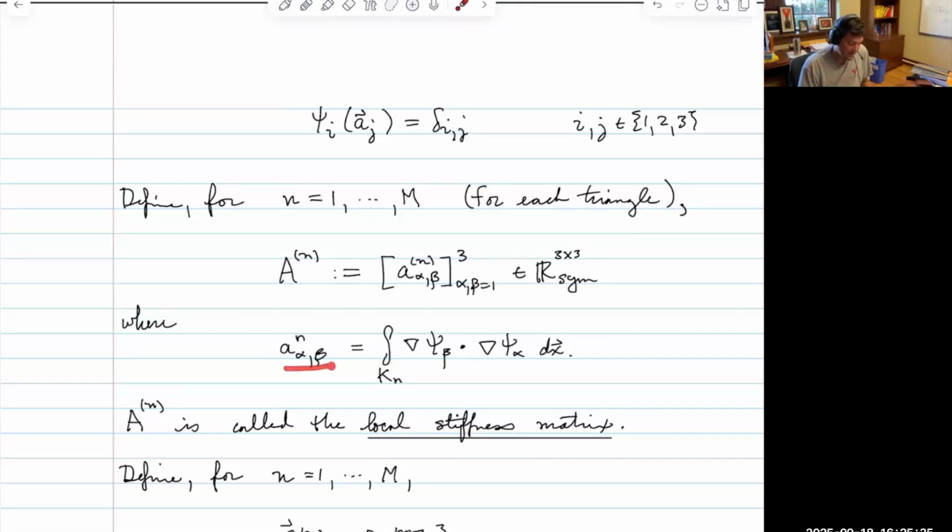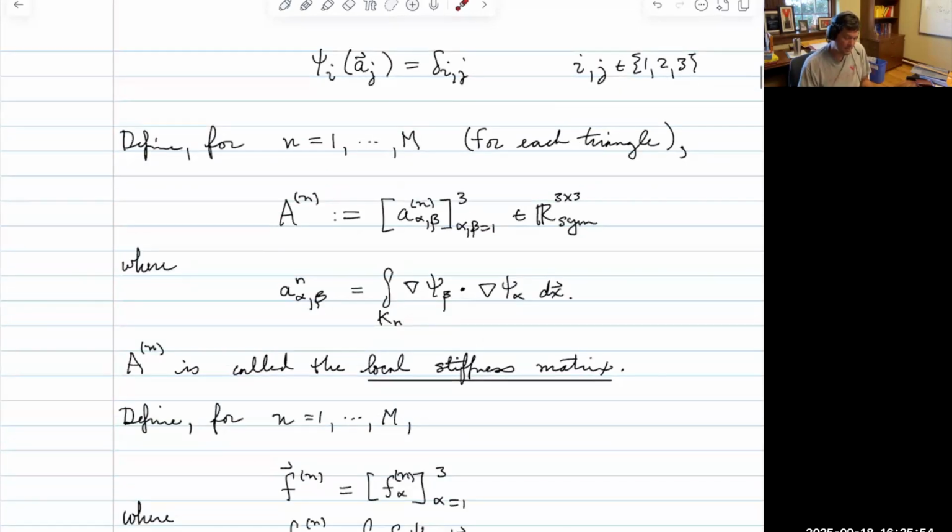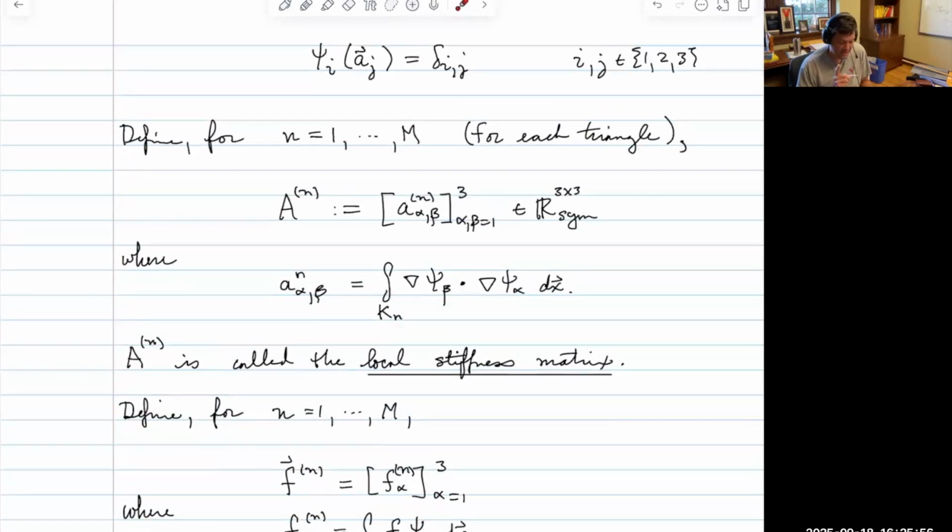All right, so these elements are defined precisely through this bilinear form. You integrate over the nth triangle the gradient of psi beta dotted with the gradient of psi alpha. You're integrating over just the triangle Kn.